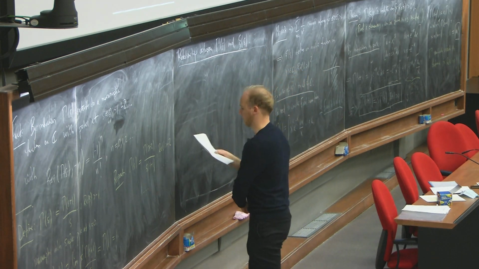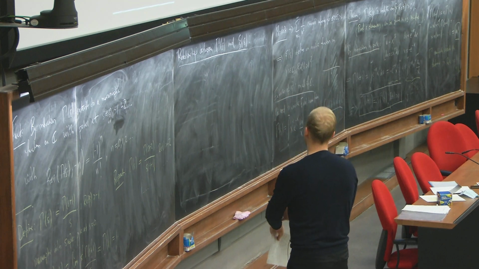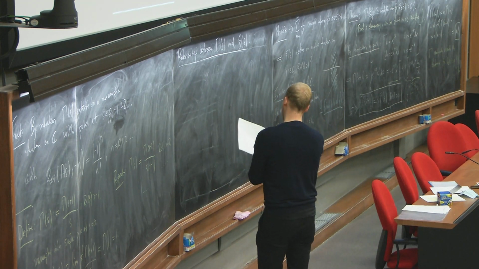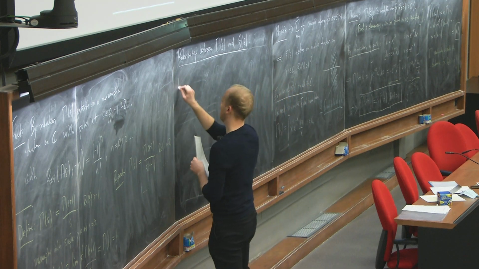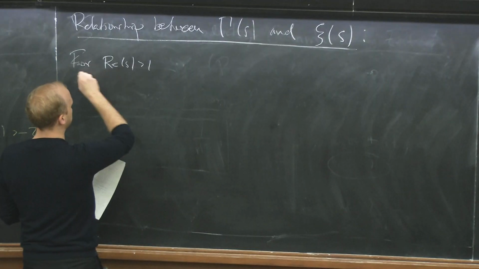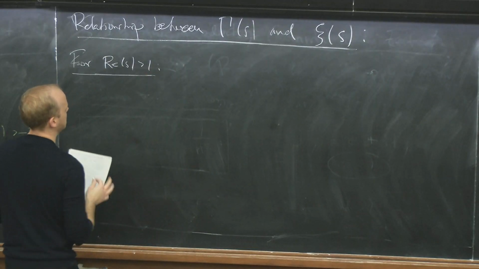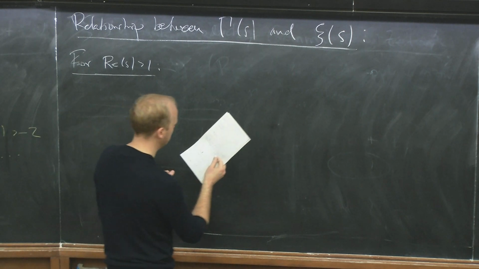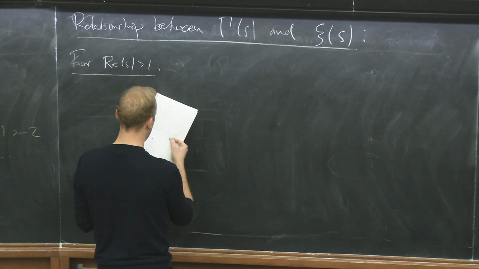So how can we relate them? They look like they have maybe nothing particular to do with each other, but actually they do. For the moment, consider first the real part of s greater than 1, which is where our zeta function is for the moment defined, even though we will extend it.